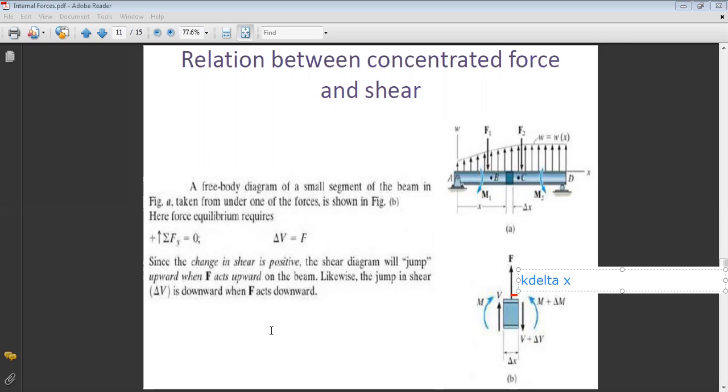So if you do sum of moments, what do you get? Let's say we choose counterclockwise as positive.